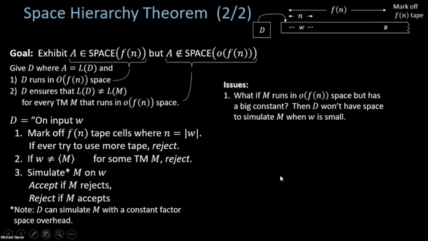But the problem is that the machine M might be running in n squared space, but with a huge constant. So it might be running in 1,000,000 n squared. That's still a machine that's running in little o of n cubed, and we have to be different from it.